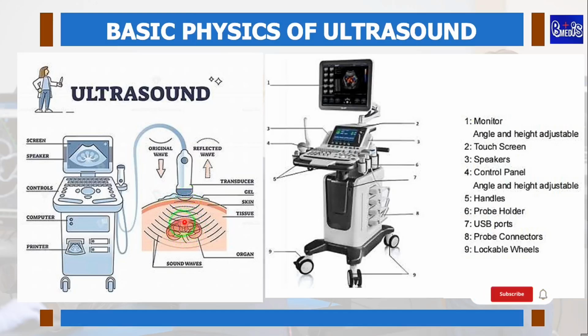Then, on interaction with the surface of such organ, that sound energy is reflected back to the transducer. The transducer receives and converts the sound energy back into electrical signal with image details, and the machine processor processes this image and displays them as ultrasound images we view on the screen. That's basically the simple principle on how ultrasound works.